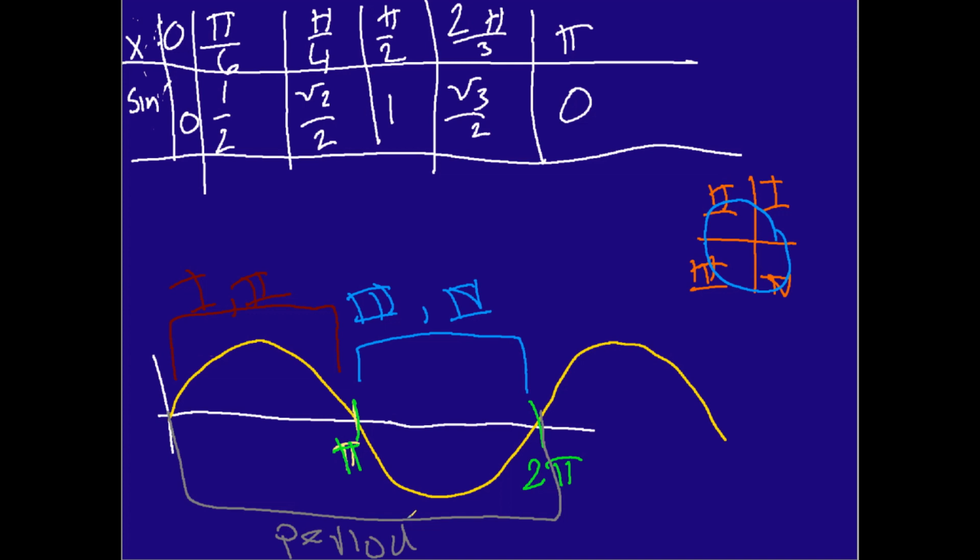Now, what's happening is this. We start our journey here, and then we cross the x-axis right here. But that's not the end of the journey, because to complete the period, we have to be going in the same direction. So if we start going up and we go down, and then when we start going up again, we're done. Here we're halfway done.